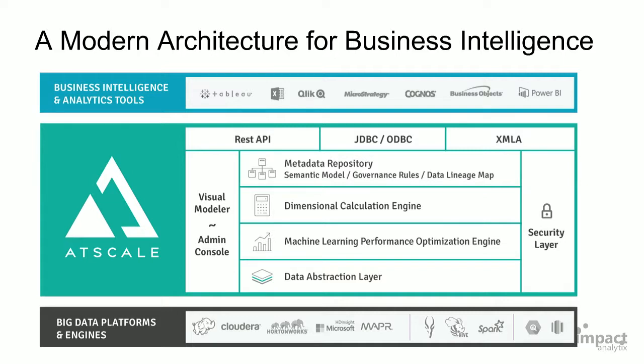Your business analytics tools get the data out of AtScale, and we access your big data platform. So not only do we run your aggregation for you and manage the aggregation for you, but we also help reduce the traffic that is hitting your big data platform.